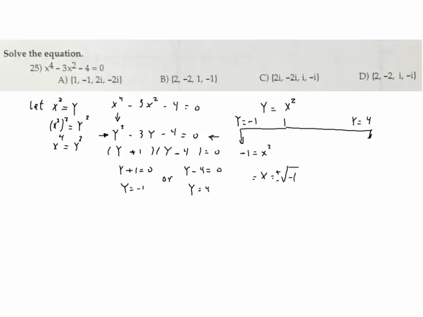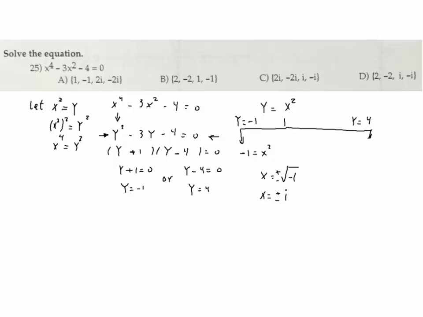Yeah. Don't forget that plus and minus. Good. Okay, so can you continue then? So x would be equal to what then? X would be equal to plus and minus. How do you write square root of negative 1? Remember that? I. Very good. So that's a complex number or imaginary number. So we have two answers, x equal to plus and minus i.